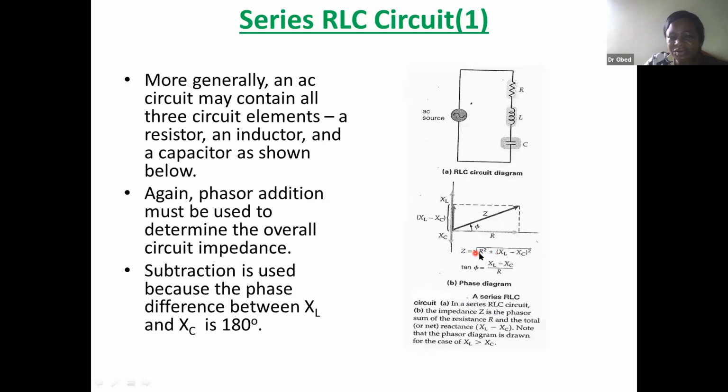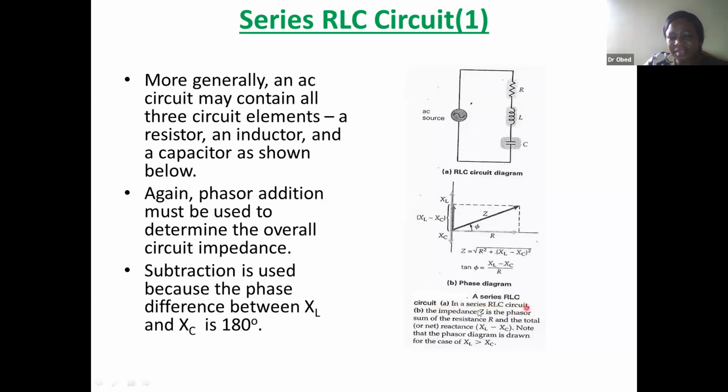Impedance Z is the square root of R squared plus (XL minus XC) all squared, because from here to here is XL minus XC. And tan phi is equal to (XL minus XC) over R. So this is a series RLC circuit.